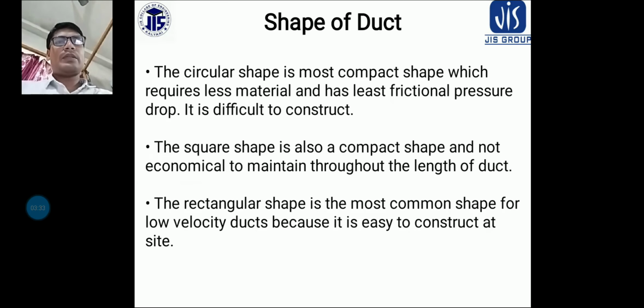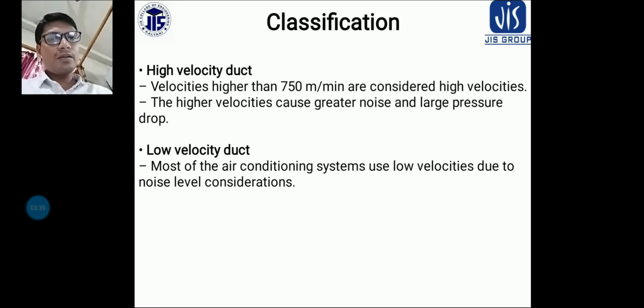Shape of the duct. If I am talking about the shape of the duct, here high velocity duct means 750 meter per minute and above, and below that 750 meter per minute we consider low velocity duct. Most of the air conditioning systems use low velocity duct due to low noise level.